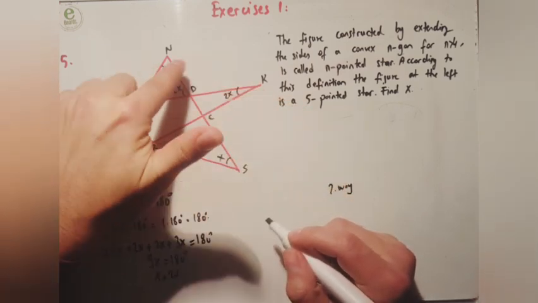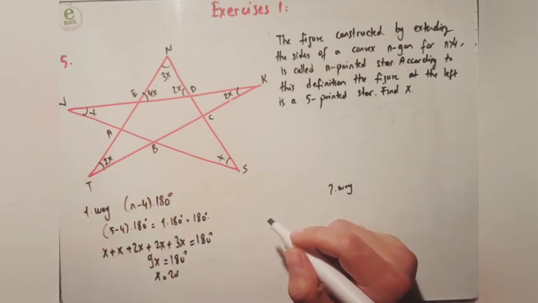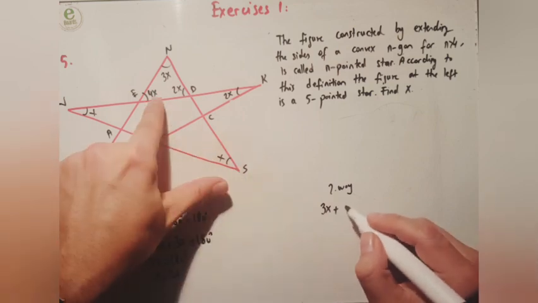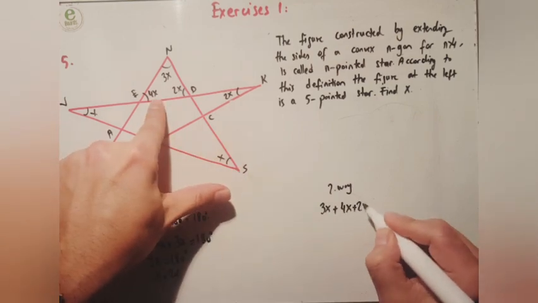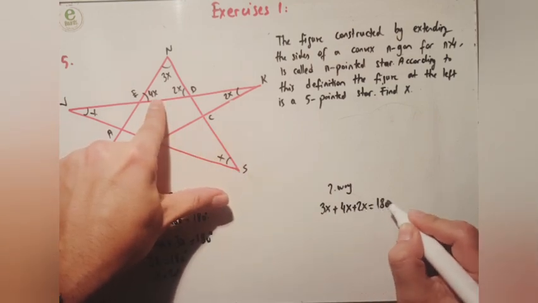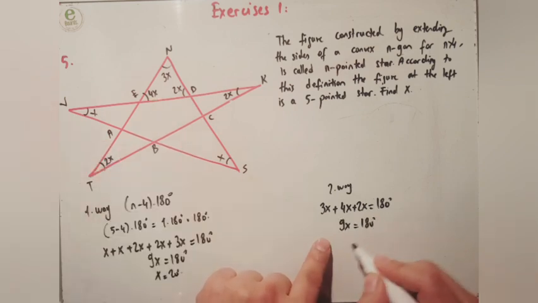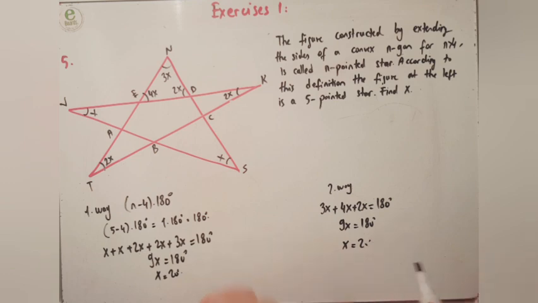And we know that the sum of interior measures of a triangle is 180. So 3x plus 4x plus 2x is equal to 180 degrees. 9x is equal to 180. x will be, again, 20 degrees. And I think the second way has proved more useful.